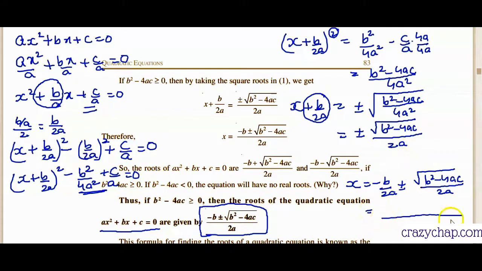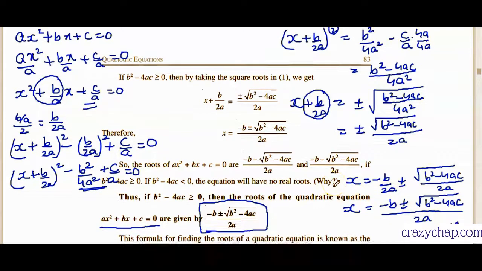So we get 2a as the denominator, and this is minus b plus minus square root of b square minus 4ac. So guys, this is what the formula is, and we actually get it from the method of completing square, right? So let's move on with the concepts further.